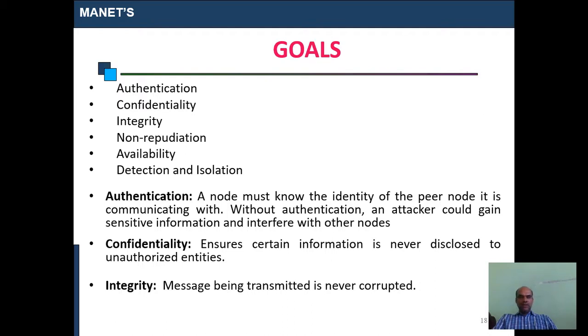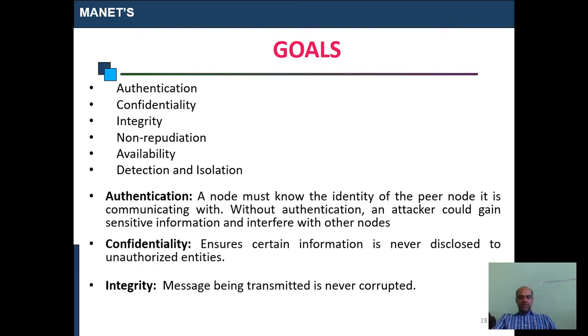And if it comes to goals, there are several goals like authentication, confidentiality, integrity, non-repudiation, availability, detection, and isolation. Authentication in the sense a node must know the identity of the peer node it is communicating with. Without that authentication, an attacker could gain sensitive information and interfere with other nodes.